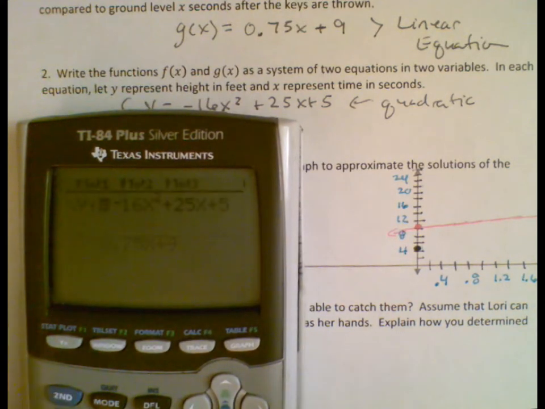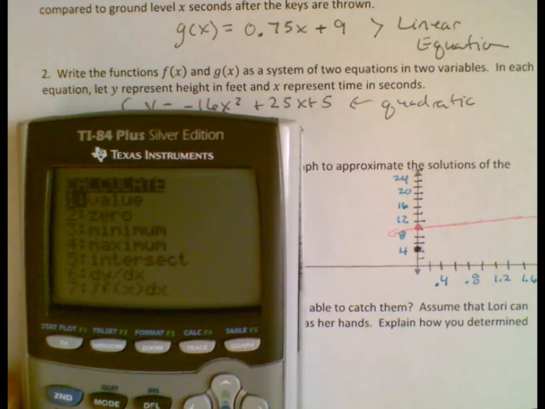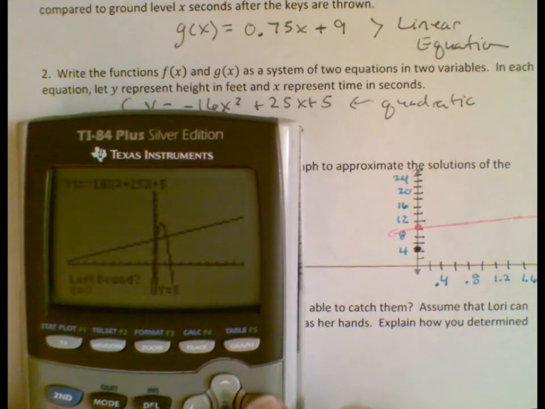So maybe if I go to my graph, it might be a little bit easier. So if I hit second trace and I do maximum, and then I snuggle my cursor up on the left side, hit enter, go around to the right side, hit enter, and enter a guess.